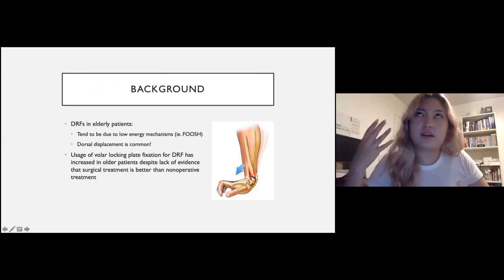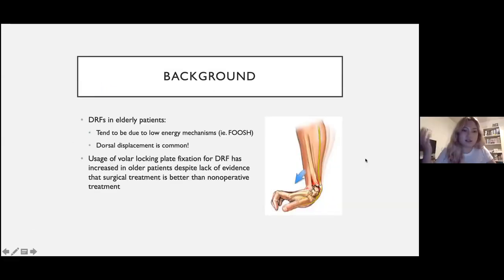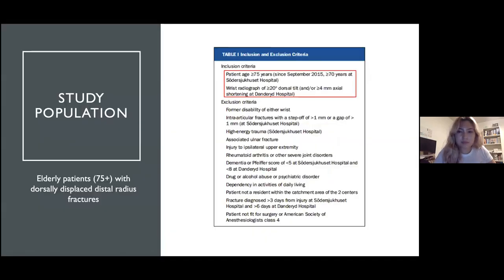The jumping off point for this study, as the authors note, is that the usage of volar locking plate fixation has increased in older patients, despite lack of evidence that surgical treatment is better than non-operative treatment. That was the reasoning for their study.